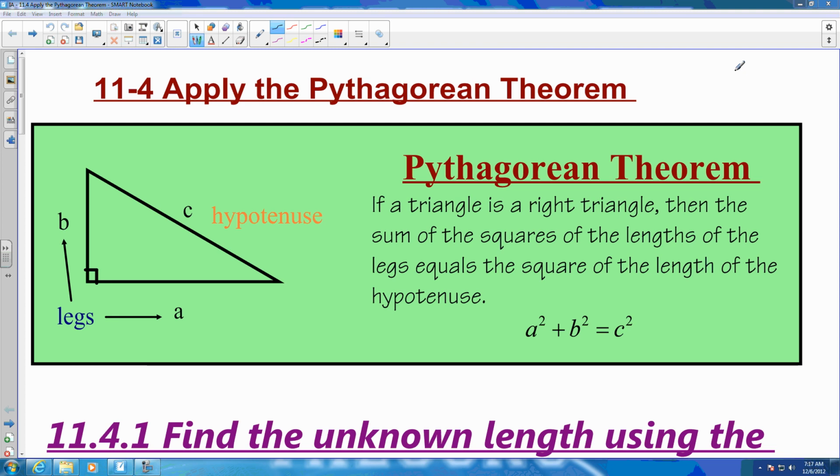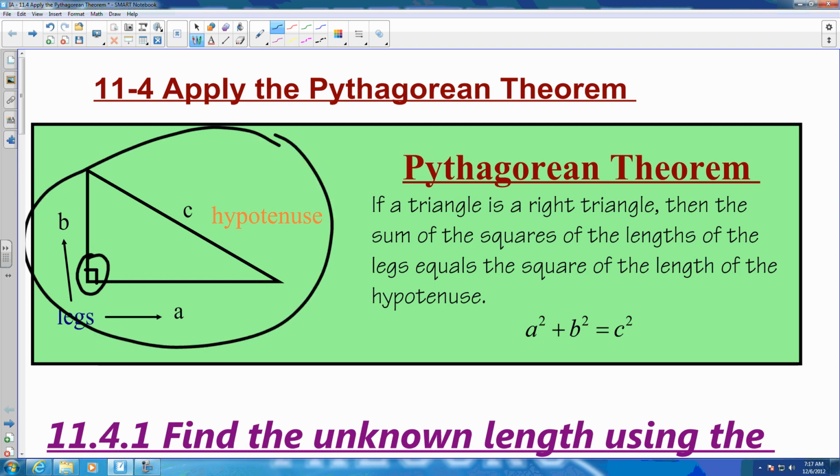The Pythagorean theorem is, if a triangle is a right triangle, which means that one of the angles is at 90 degrees, then the sum of the squares of the lengths of the legs equals the square of the length of the hypotenuse. So if I look at this triangle here, the legs are represented as A and B. Those are the measurements of the legs.